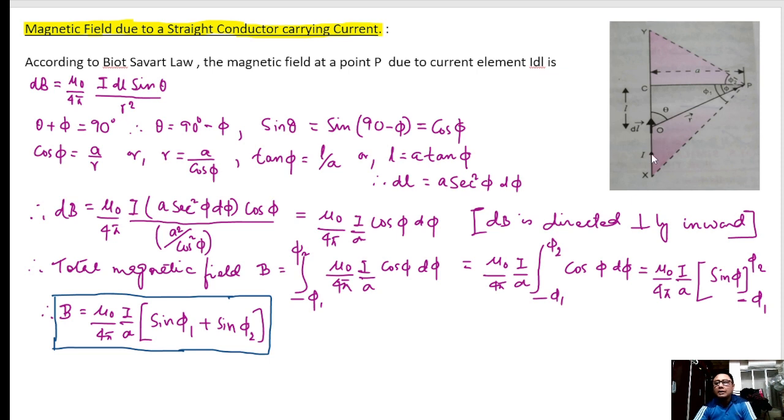It is carrying current I, which is flowing from X to Y. I want to find out the magnetic field due to this element DL at a distance of R, making an angle theta. So let's see how it is being done.